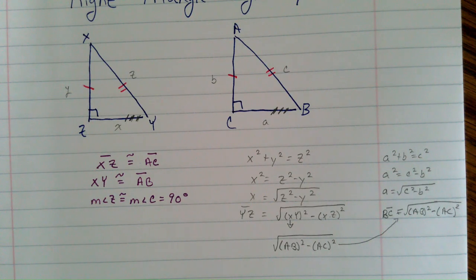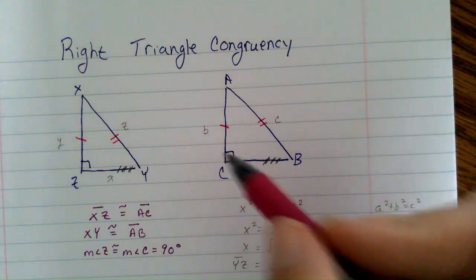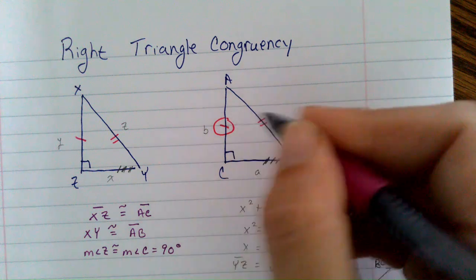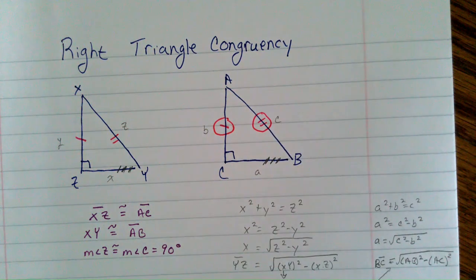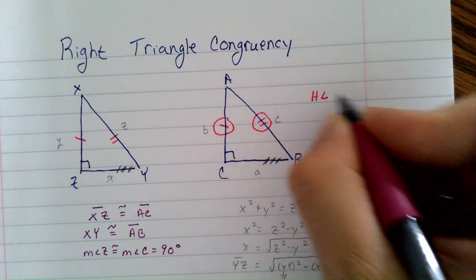Because the hypotenuse and the leg were congruent in the beginning, the other leg had to be congruent by the Pythagorean theorem, meaning that anytime, instead of doing all this algebra, anytime you're given a right triangle and you're given a leg and a hypotenuse, you know those two triangles are congruent by the hypotenuse-leg theorem.